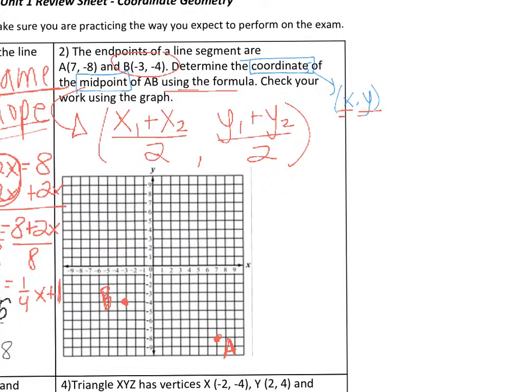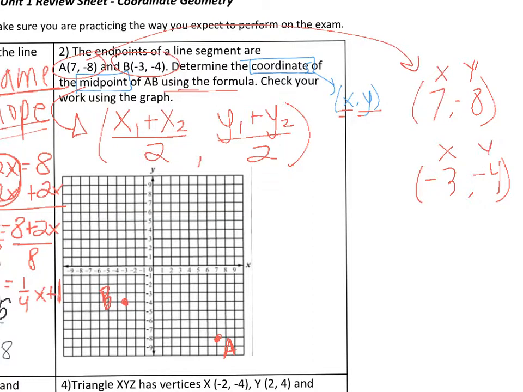So the two given points, if we want to restate them over to the side: the first point (7, -8) and the second point (-3, -4). Both of these are xy pairs, and it's sometimes helpful to label them. It doesn't matter which one we call the first or the second point, because from A to B or B to A, the midpoint is the same.